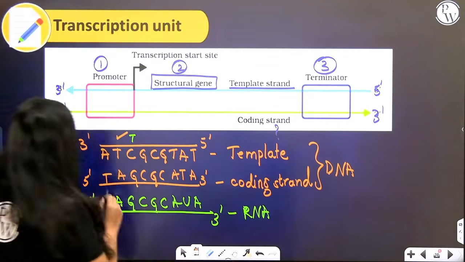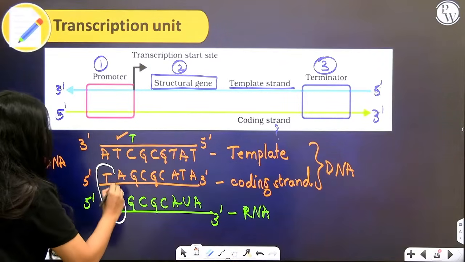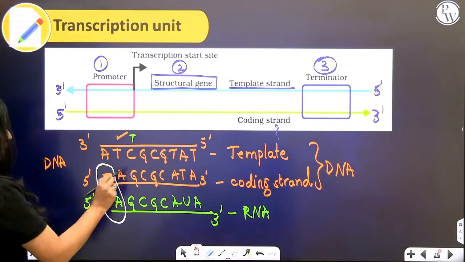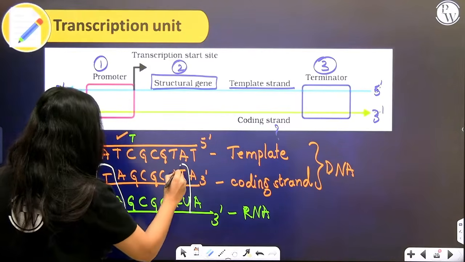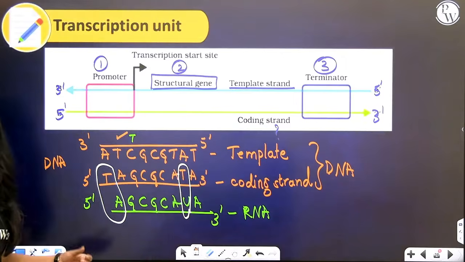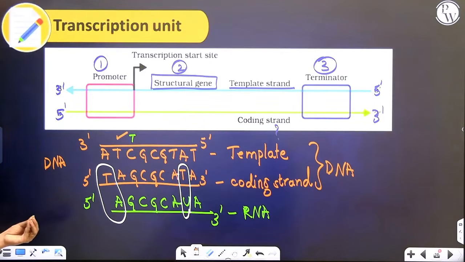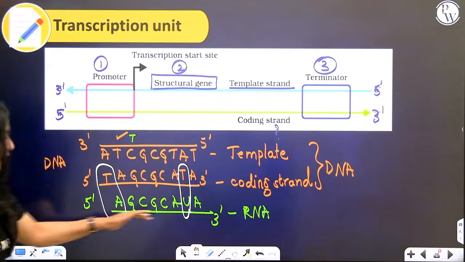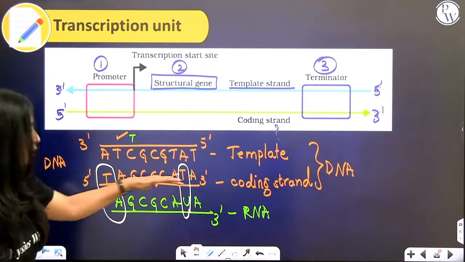If you compare the RNA with the coding strand, you can see how they are very, very similar in most places, except for wherever you have T in the DNA coding strand, you will have U in the RNA strand. Except for this one difference, the RNA sequence is very similar to the sequence of the coding strand.